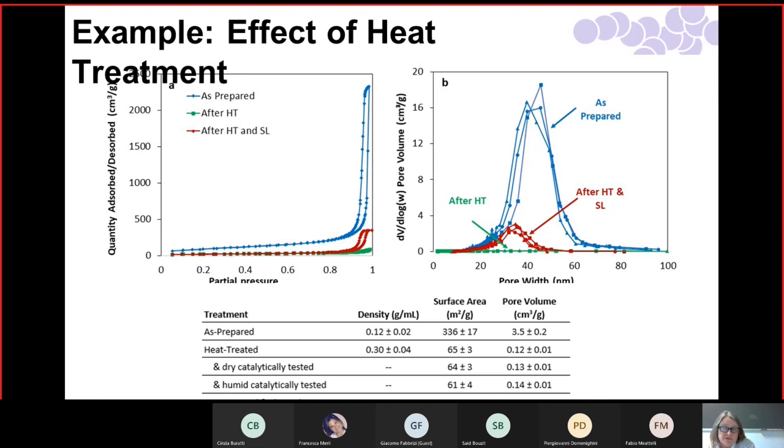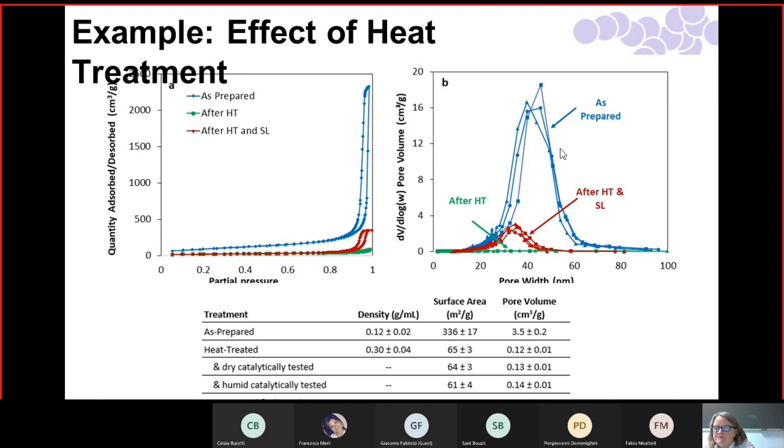So these are, again, the isotherms, and the blue is as prepared. You see the hysteresis loop here is closer to 1, and it results in pores that are quite a bit bigger than the silica, and it's also a wide distribution.